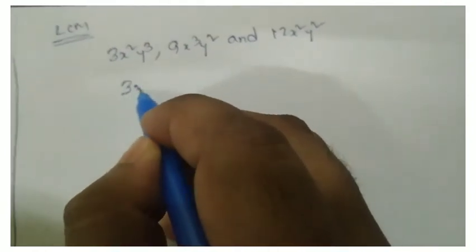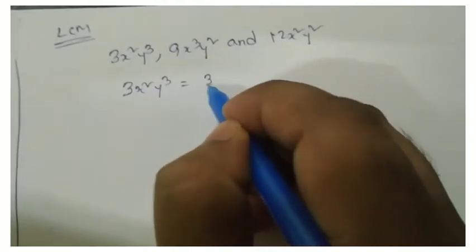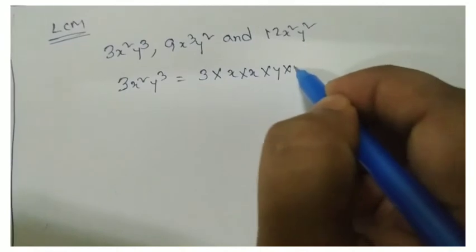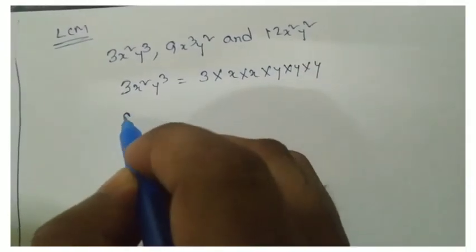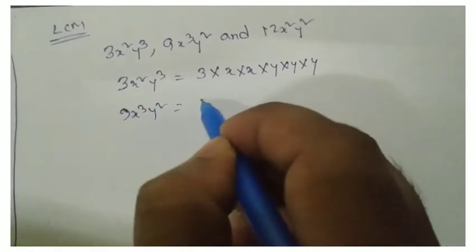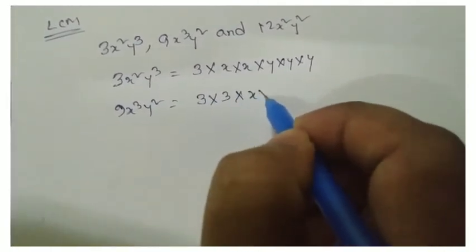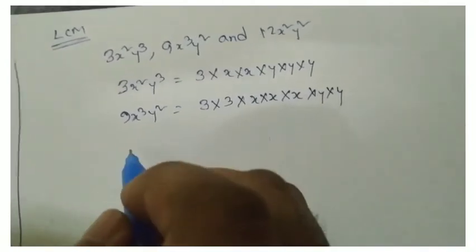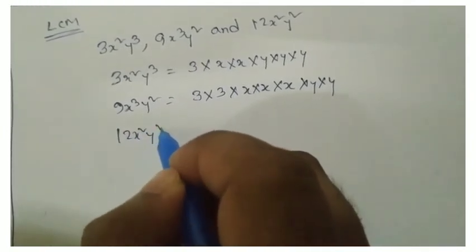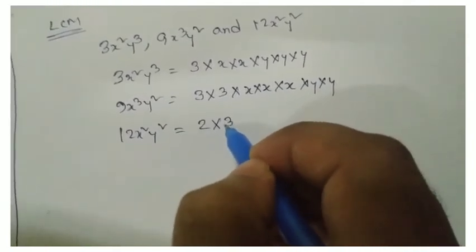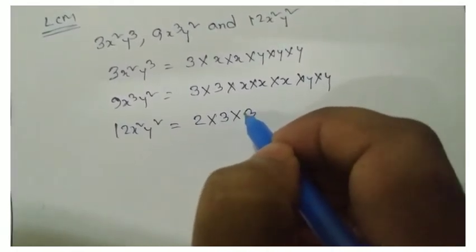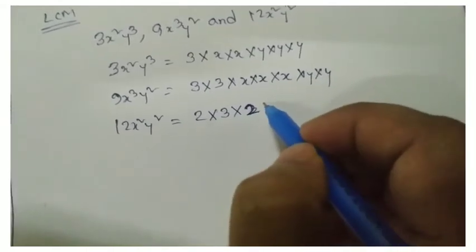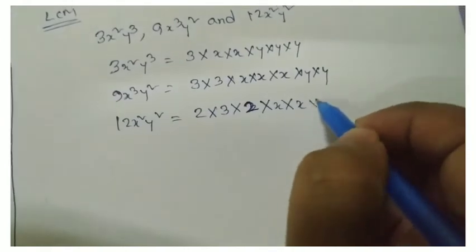So 3x square y cube can be written as 3 into x into x into y into y into y. 9x cube y square can be written as 3 into 3 into x into x into x into y into y. And finally 12x square y square can be written as 2 into 3 into 2, 2 2s are 4, 4 3s are 12, into x into x into y into y.